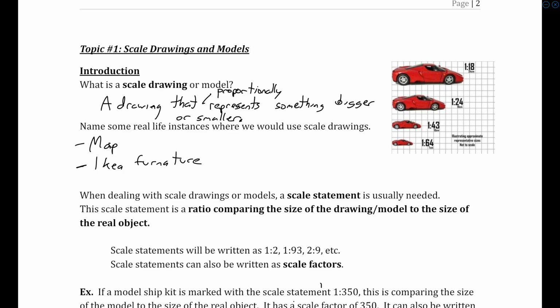It's not actually showing you the size of it, but it's showing you something smaller. Maybe we could say car schematics. Right, you buy the Haynes manual. It shows you that the engine's here, the timing belt is here around the crankshaft. If you need to fix this, you take this piece out.